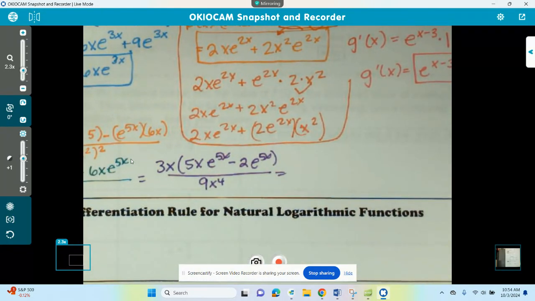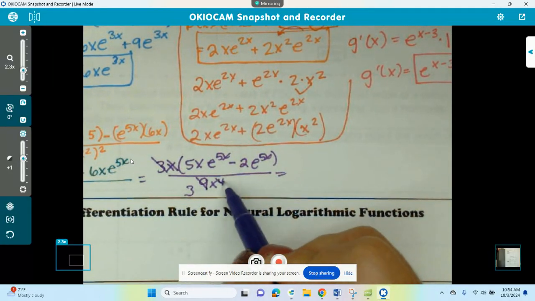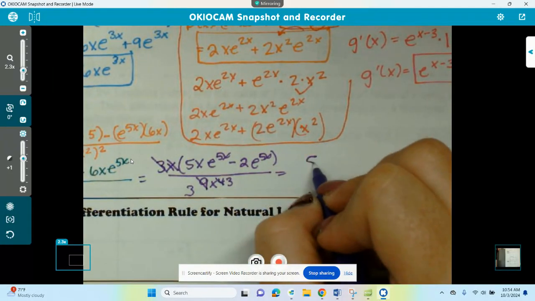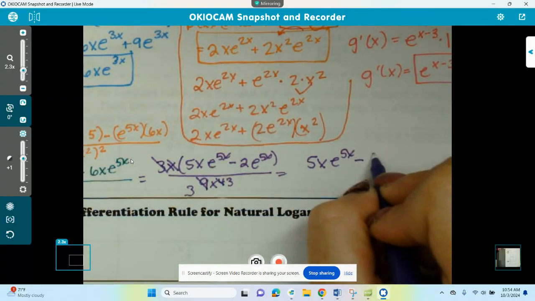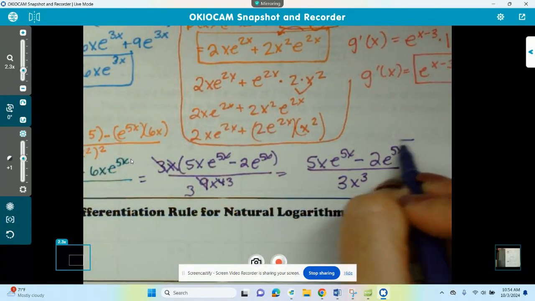Now, you might be saying, well, why didn't you take out the e to the 5x? Well, because it's not going to cancel with anything, so that's the only reason I didn't factor it out, which is another reason why I don't normally write this step. I just do it in my head. Okay, so the 3 and the 9 cancel, leaving me with a 3 on bottom. The x cancels, leaving me an x cubed on bottom. So now I have 5x e to the 5x minus 2 e to the 5x all over 3x cubed as my final answer.